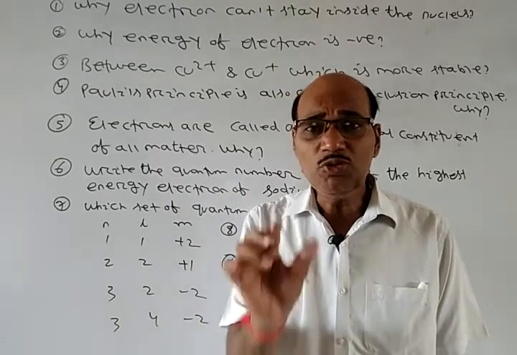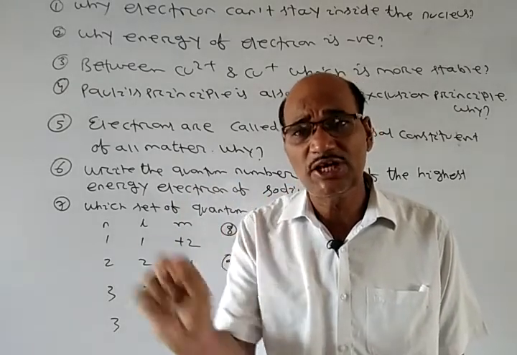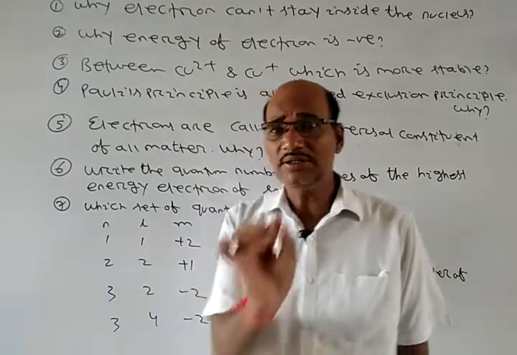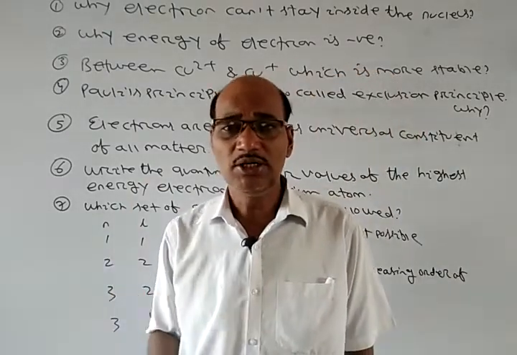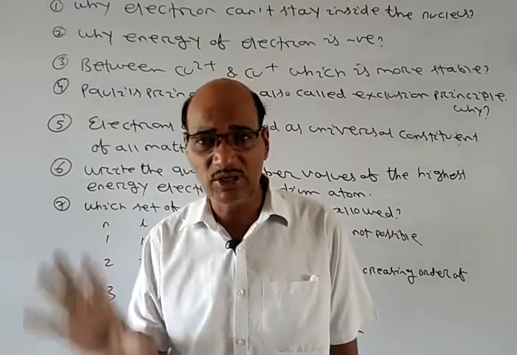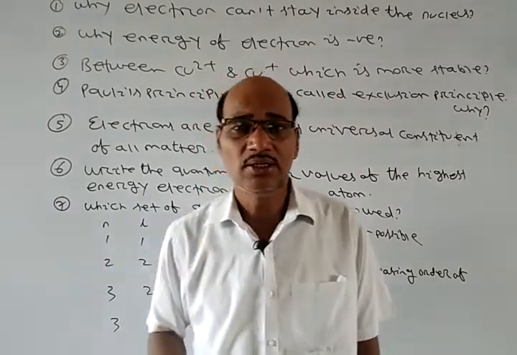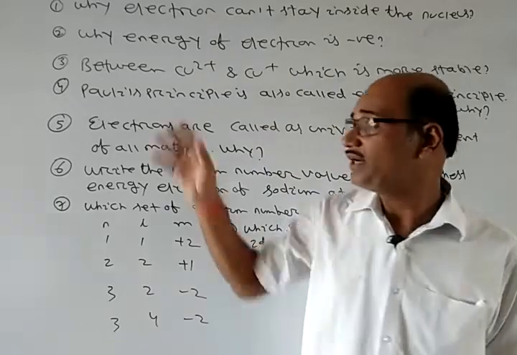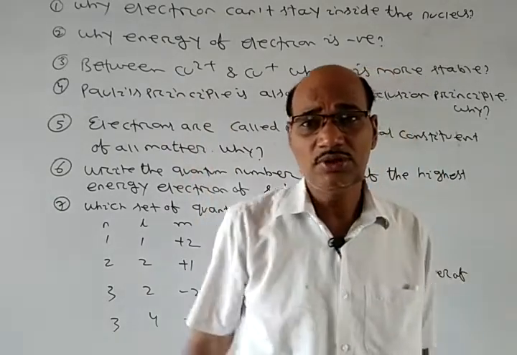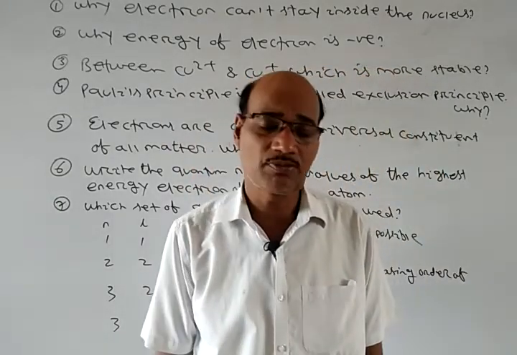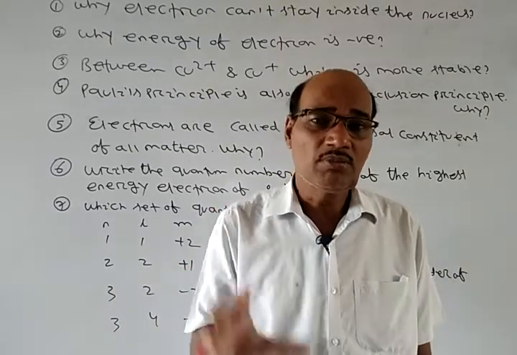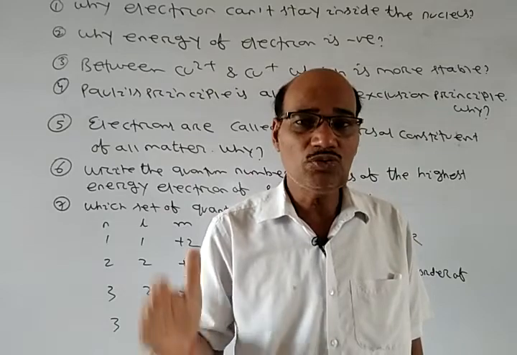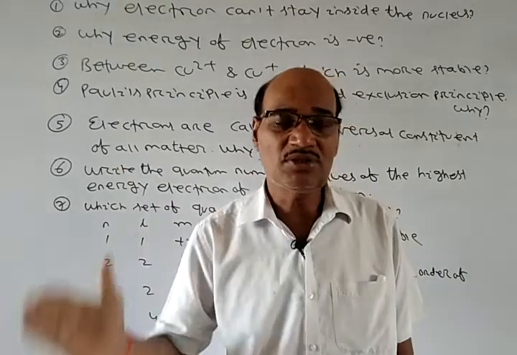Now we put Δx into m Δv = h/4π, so Δv = h/(4π m Δx). If you put in the values of h, π, etc., as we already solved in the Heisenberg's principle class, the Δv we get is more than 3 × 10^8 meter per second.